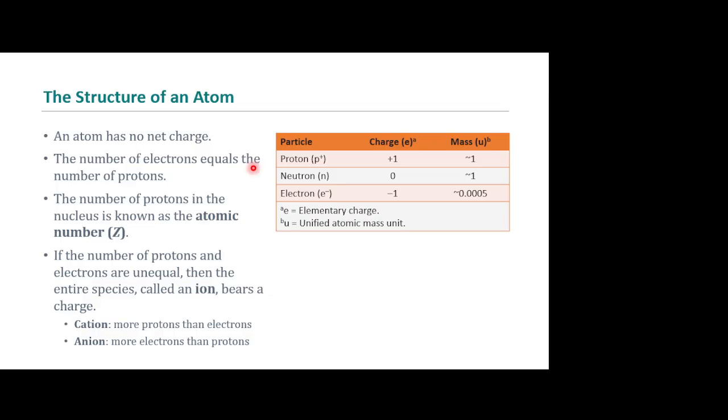Exactly. Your neutrons and electrons can vary, right? Your protons are in the middle. They have a lot of the mass, and they're the ones that have the positive charge. So what I want you to think about these as is little positive charges spinning around, kind of like planets, just really small.